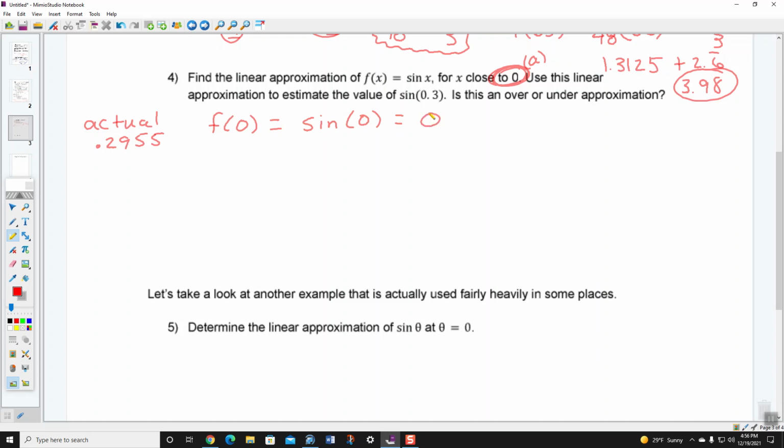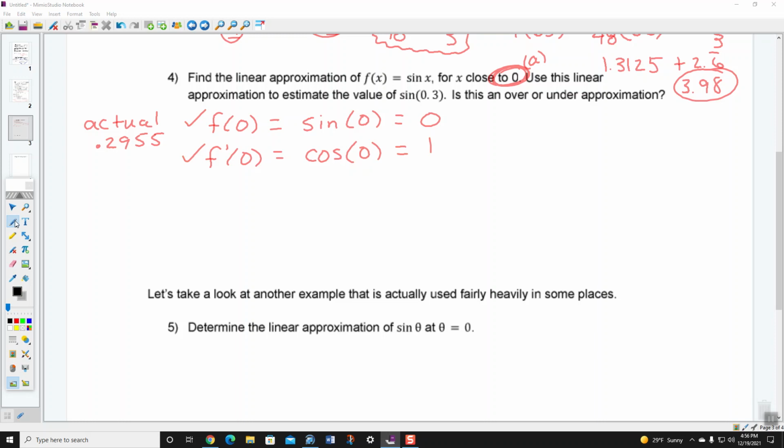All right? Then, f prime of 0, we need to know that. Well, my friends, here's the situation. The derivative of sine is cosine, so we're concerned about the cosine of 0. If you would punch in the cosine of 0, you would get 1. So I know my f of a, and I know my f prime of a. So here comes our tangent line approximation for this, or your local linearization of it, or your linearization of it.